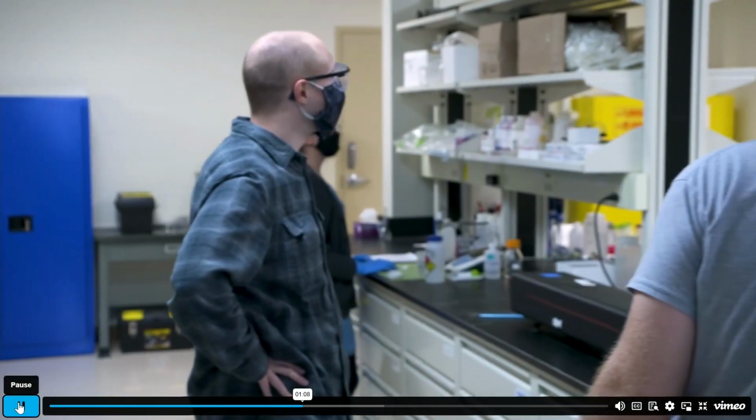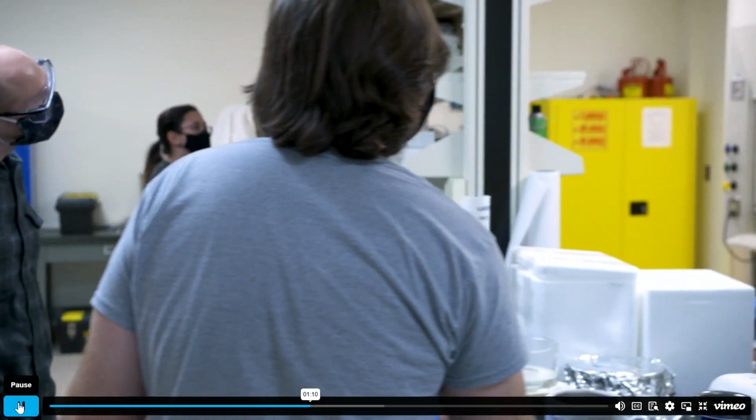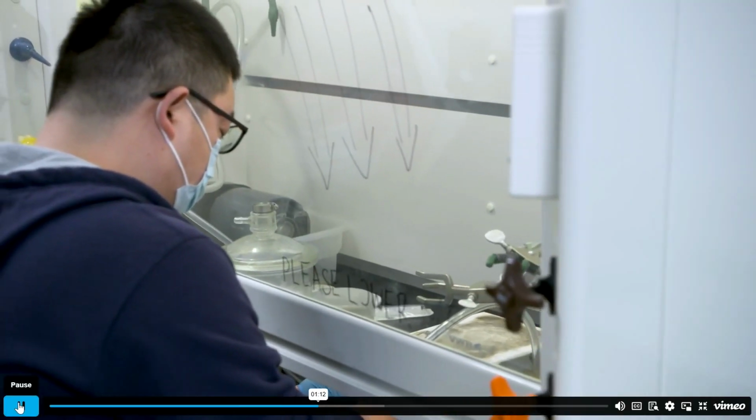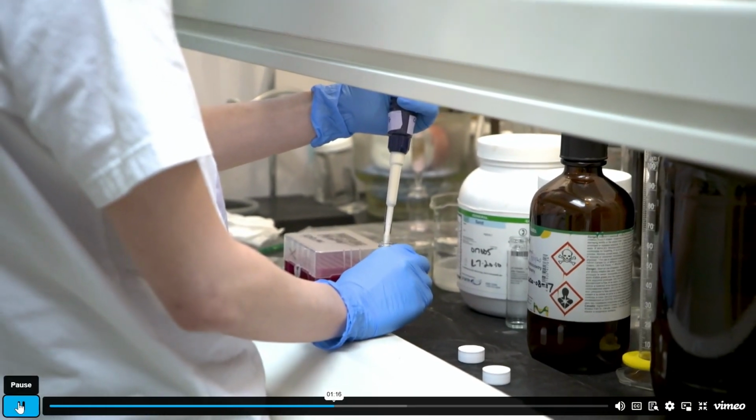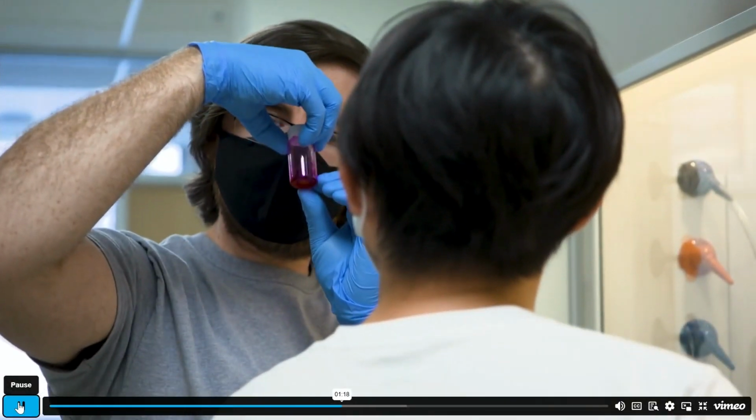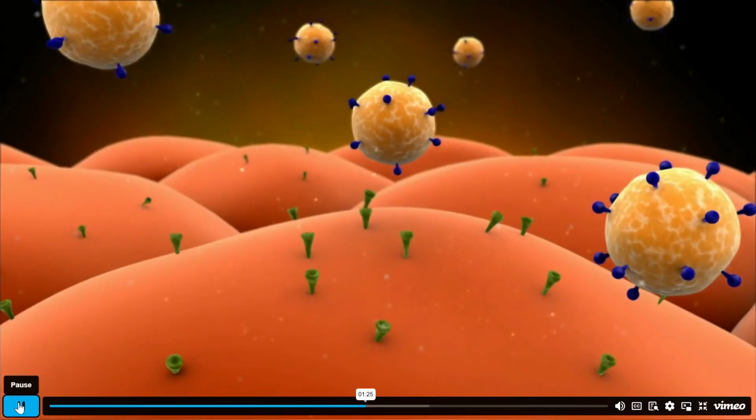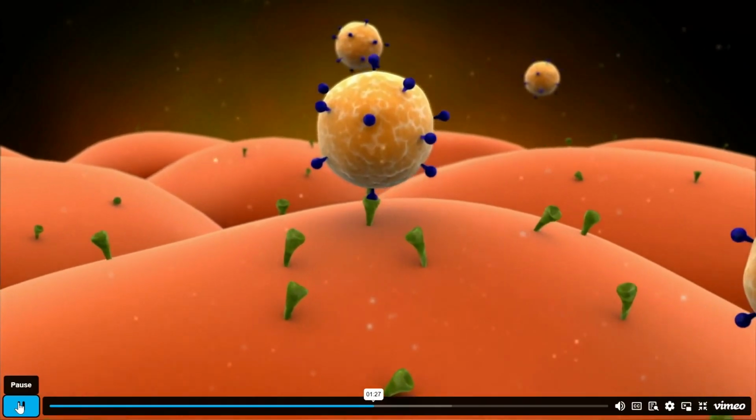A lot of diseases occur due to the presence of interfaces in our bodies. The interface that we specifically care about in our lab is that interface between the outside of the cell, where that cell membrane is touching the liquid. Whenever you get sick from the flu, there is a virus that is binding to the surface of your cells.